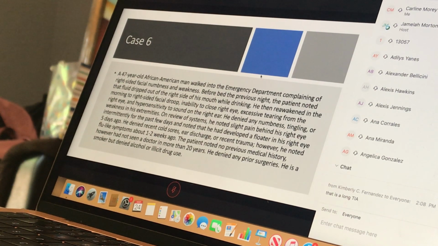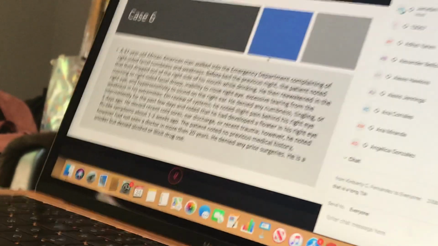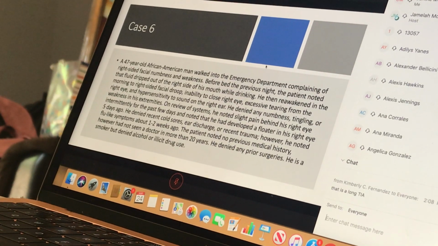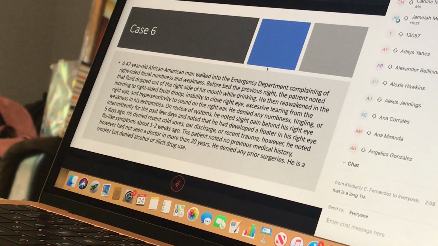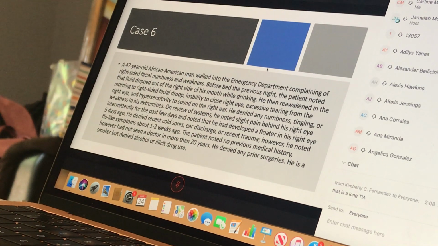If it's the entire right side of his face, then you want to think, okay, this sounds like it's peripheral. Remember, we have the central nervous system, which is the brain and the spinal cord, and then the peripheral nervous system, which is your spinal nerves and your cranial nerves. So this is a peripheral issue. It's a cranial nerve issue, okay?